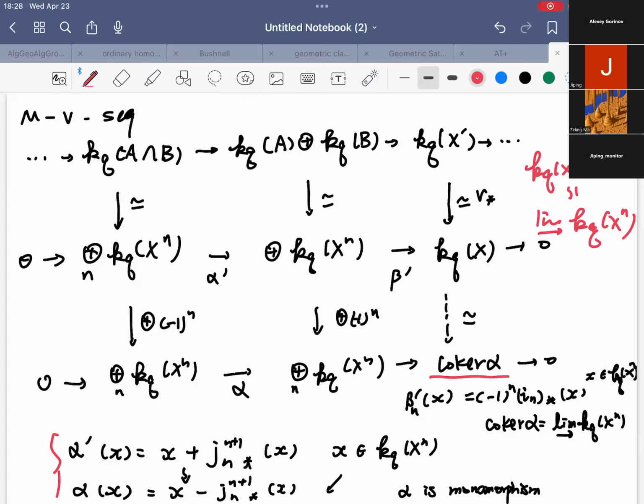Well, to prove that we do have zeros, it would suffice to prove that either alpha prime is injective or beta prime is surjective. Which one is easier to prove? Alpha prime is injective. Let's prove it.